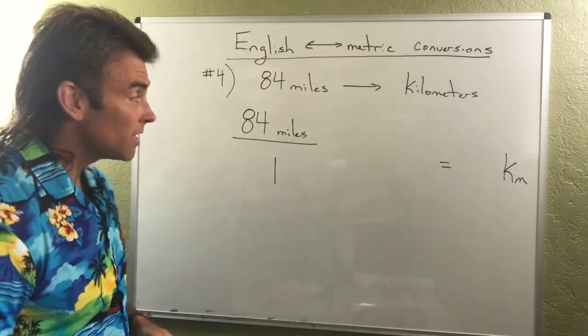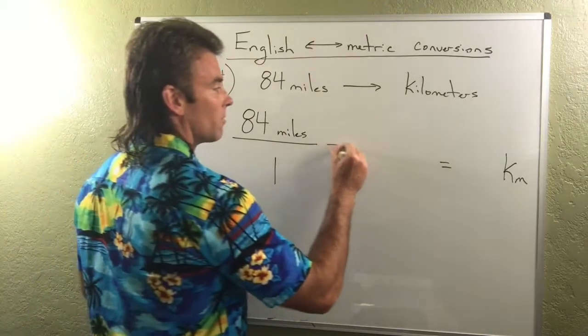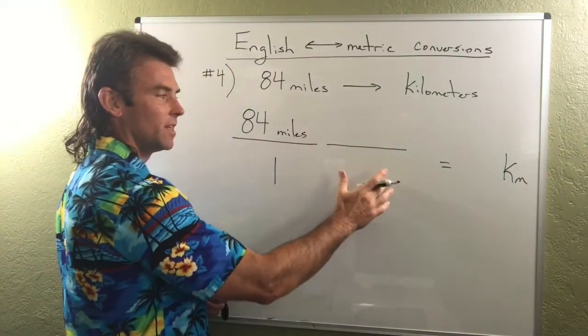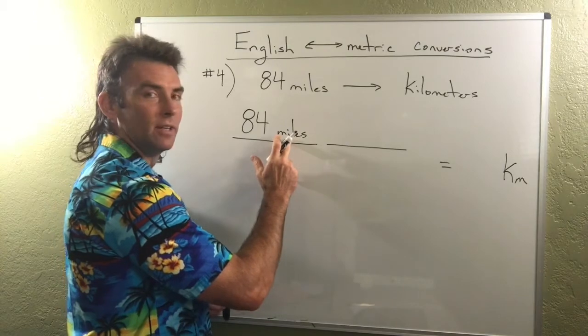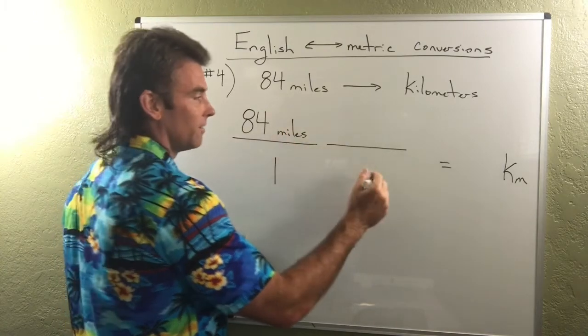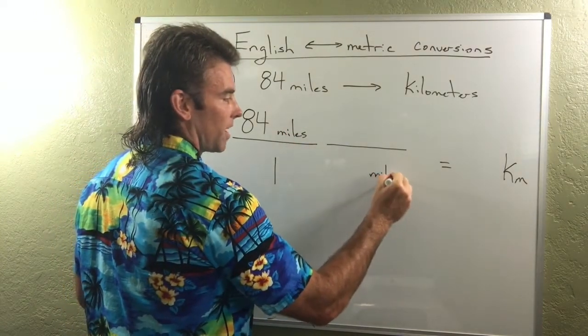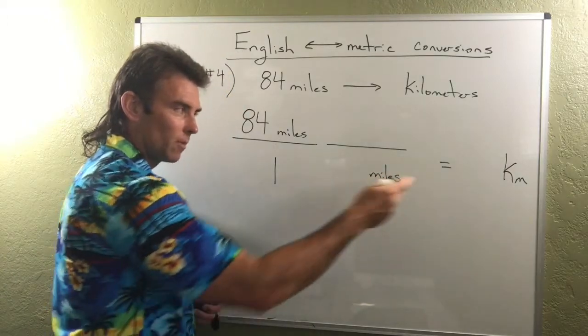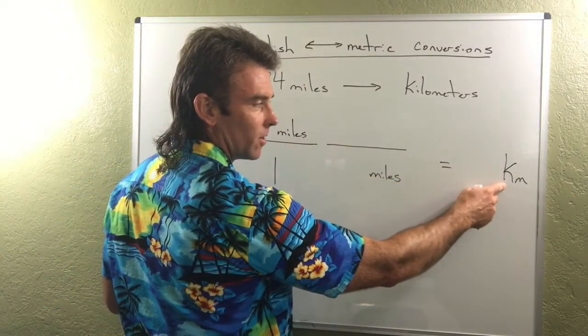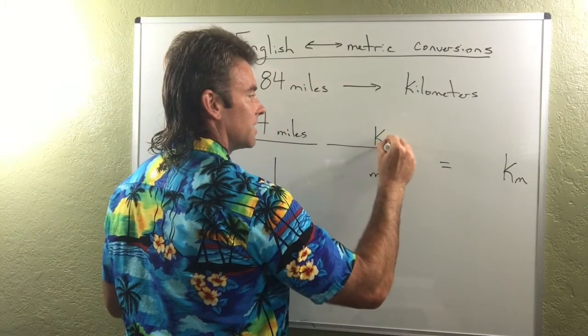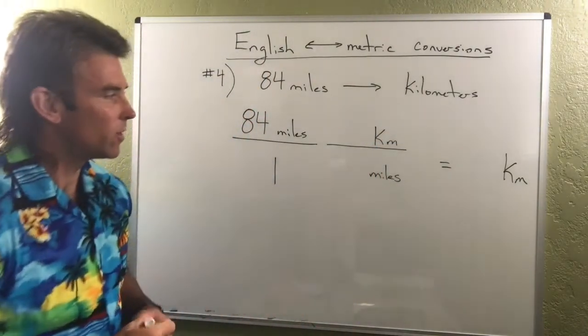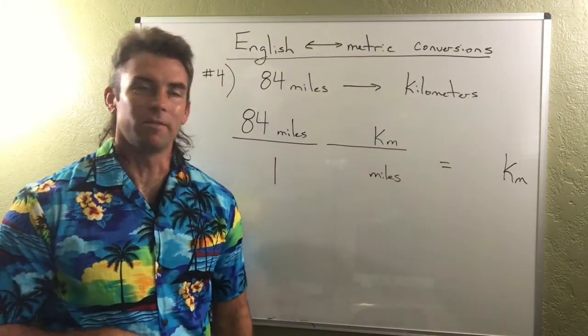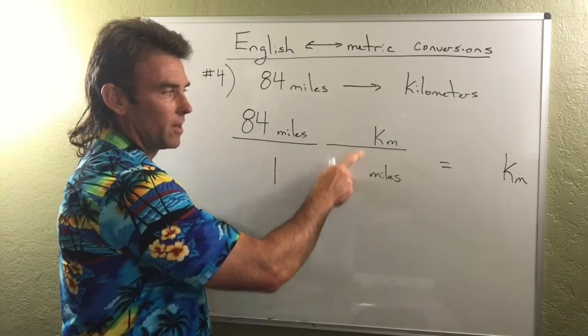Just like before, we recognize that anything we put in the denominator is going to cancel out something in the numerator. So I'm going to put my units as miles right here. And we look over here and ask, is there somewhere that I want to go? In this case, we end up with a weird-looking conversion factor that relates kilometers to miles.